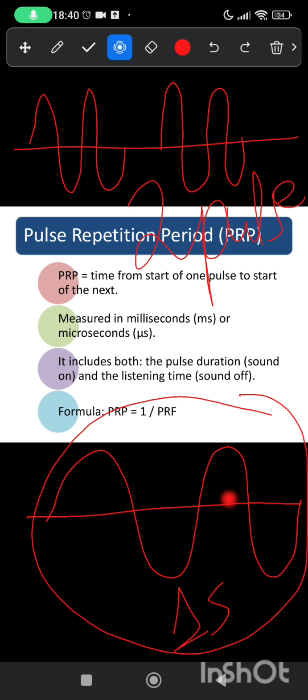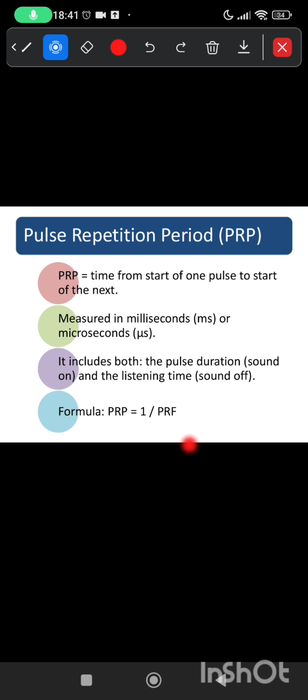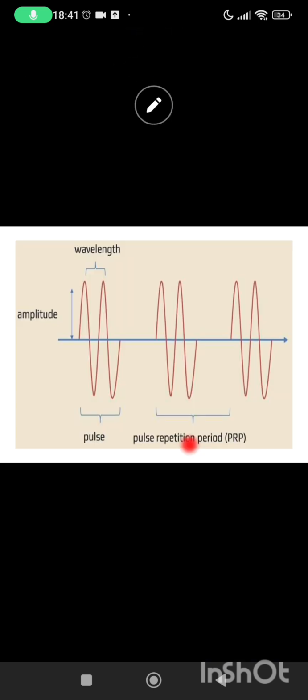And it is measured in time units, in second, and commonly millisecond or microsecond. It includes both the on time, the pulse duration, and then the break, the listening time or the sound off time, both. And pulse repetition period is 1 divided by pulse repetition frequency. These are inversely related with each other.